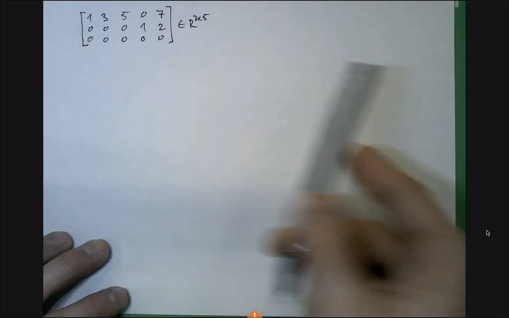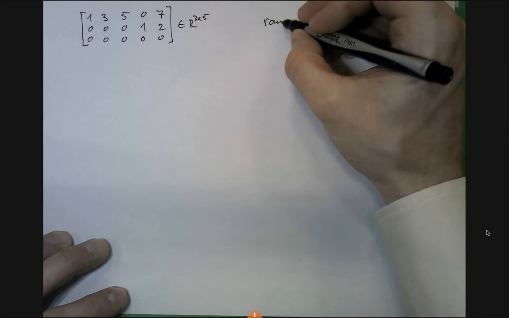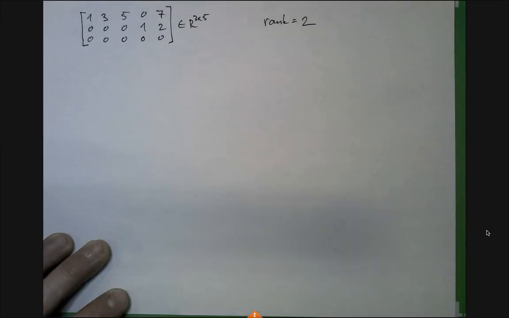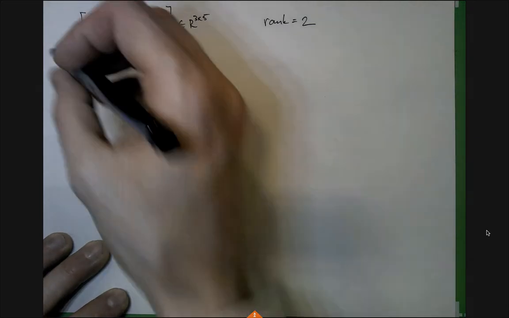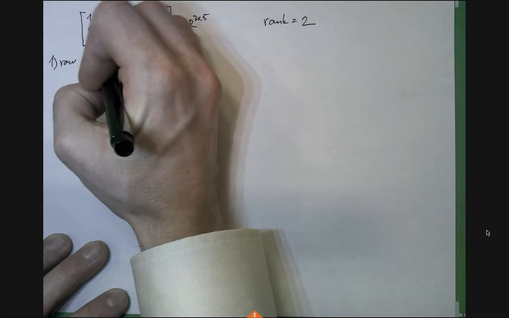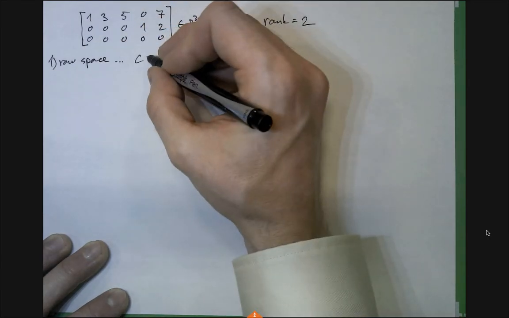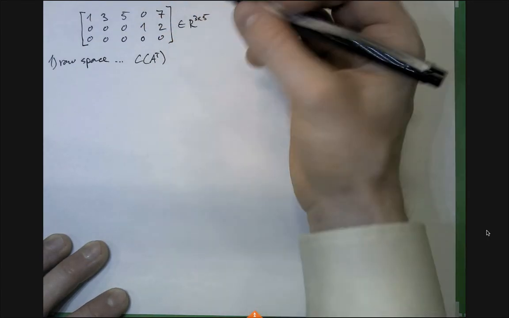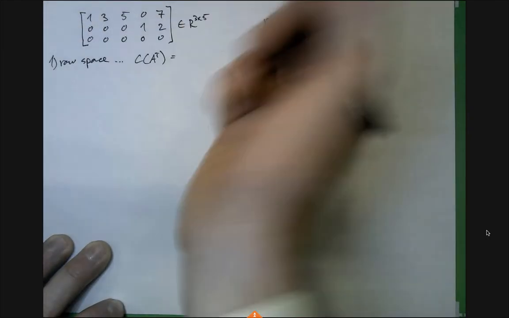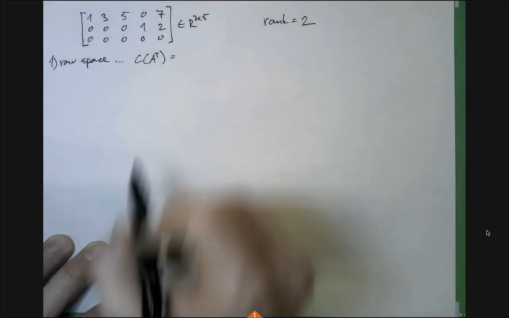So first of all, what is the rank of the matrix? The r? 2, yeah, of course. So let's take a look at how the subspaces of this matrix look. First, the row space. Why not? That's denoted as C(A transpose), right? It's sort of dumb, because it's already directly written here.